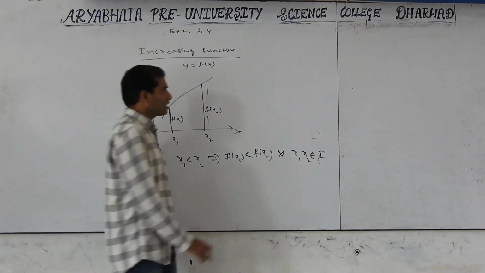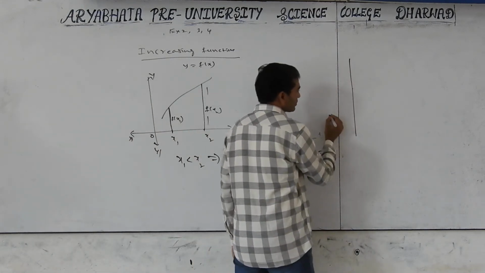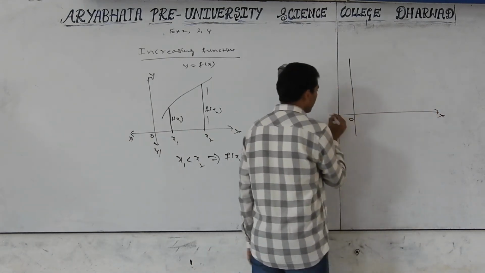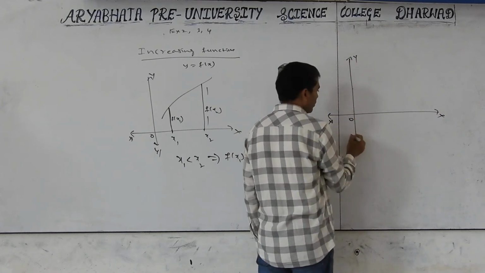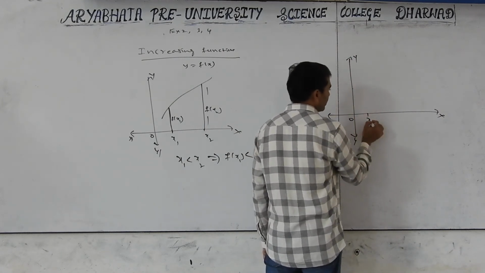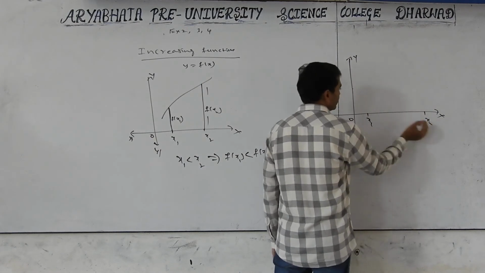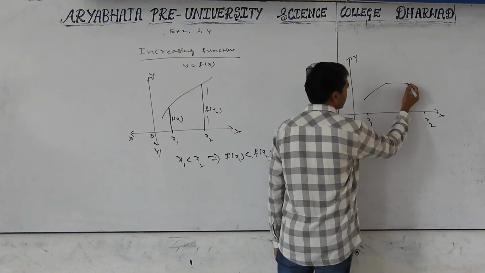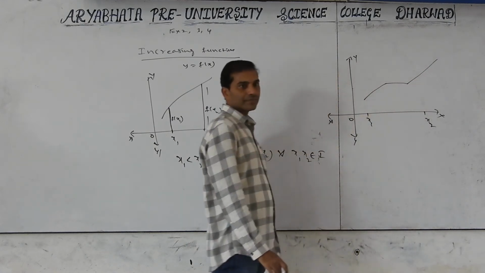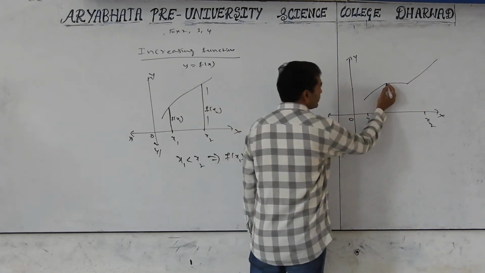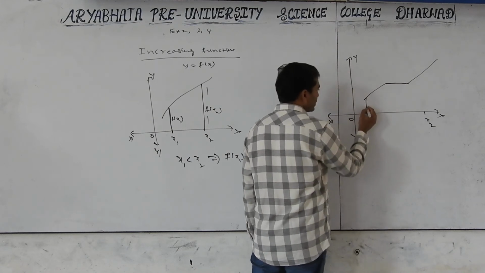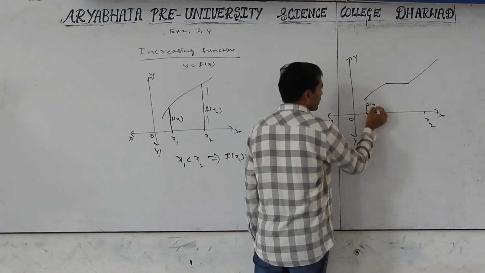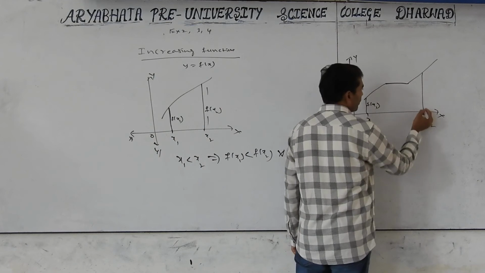One more graph I will draw here. X'OX, Y'OY. Here x1, here x2. This length is f of x1, this length is f of x2.